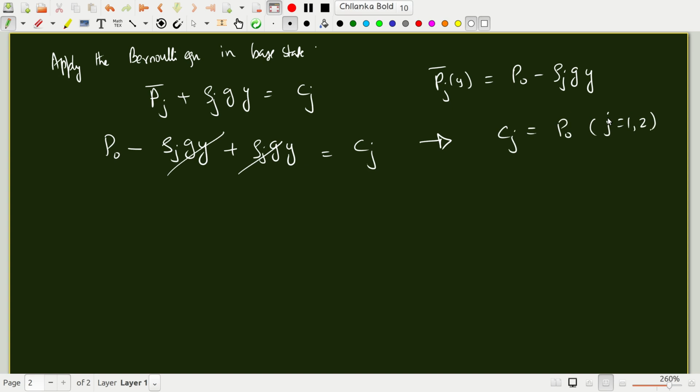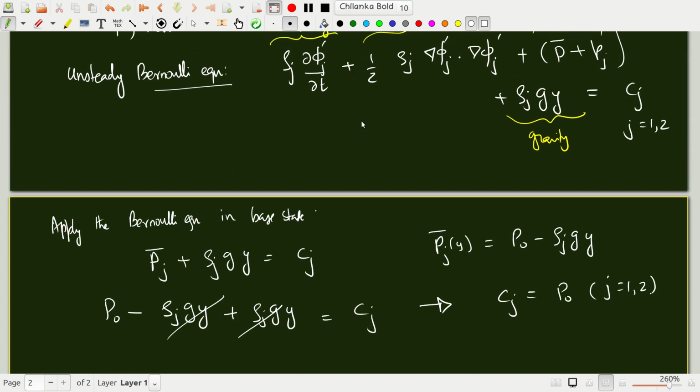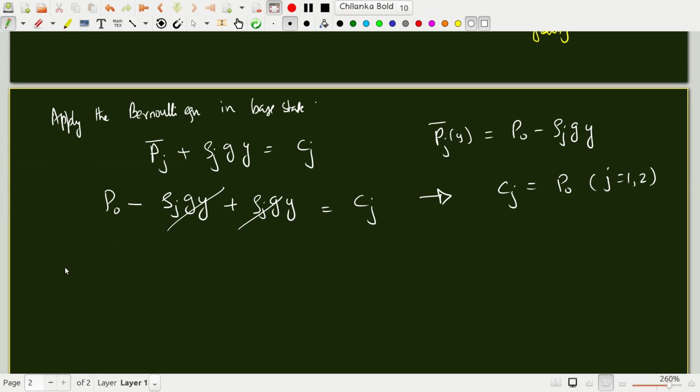Okay, the constants that appear in the Bernoulli equation are simply the value of the pressure at the interface, which is an arbitrary number for incompressible flow. Now we are going to subtract this from the total Bernoulli equation, which will give us the Bernoulli equation for the perturbations.